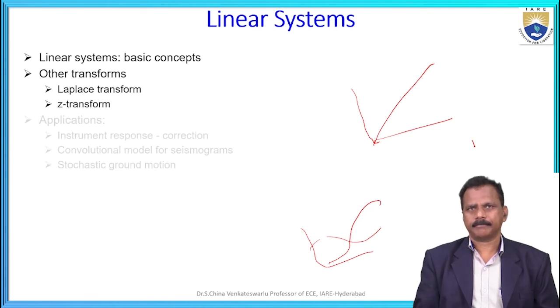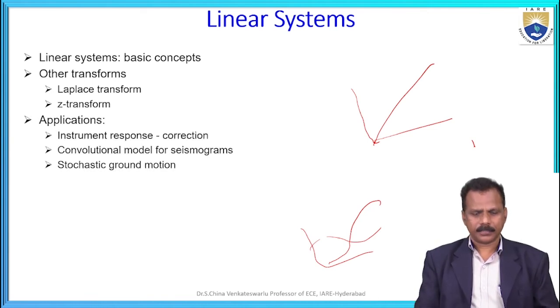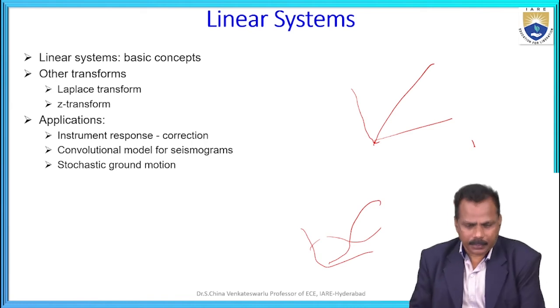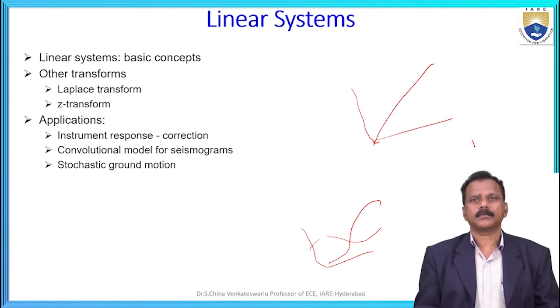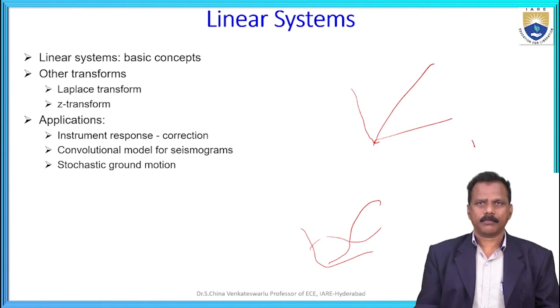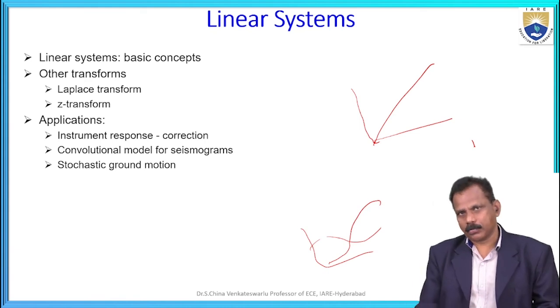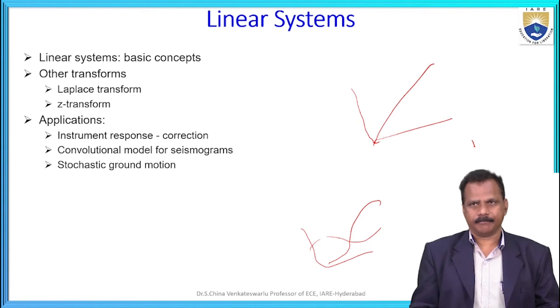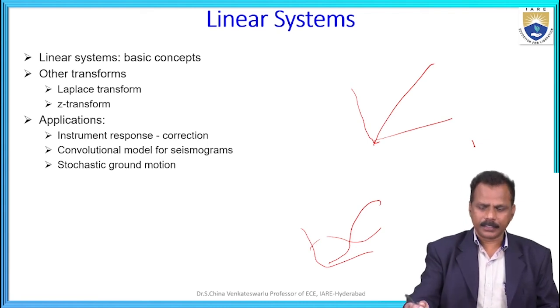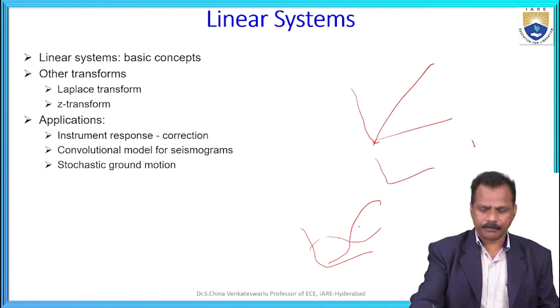Applications of linear systems include instrument response and correction, and convolutional models for seismograms and stochastic ground motion. That time we require a linear system, but here in this case, non-linear system.